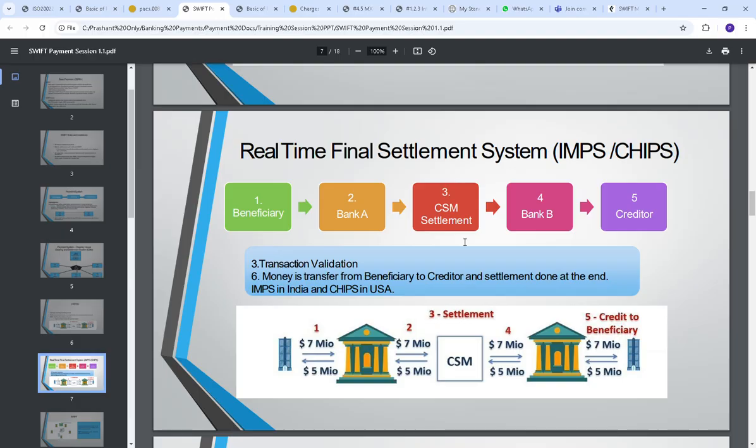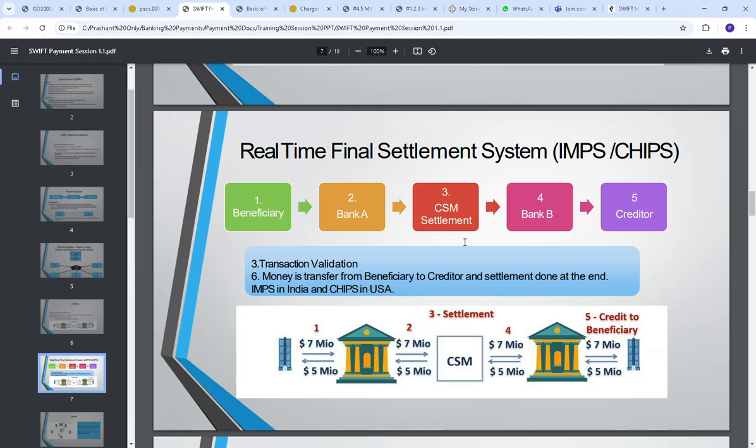Money is transferred from beneficiary to creditor, and settlement is done at the end. Before that it is checked, and settlement in another system is done at the end, after doing all the transactions. This is only done for high value customers, whether their bank balance is high or can be checked.